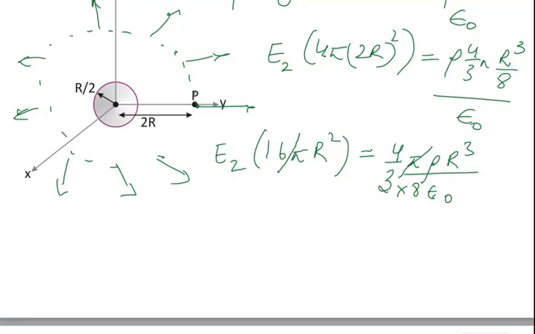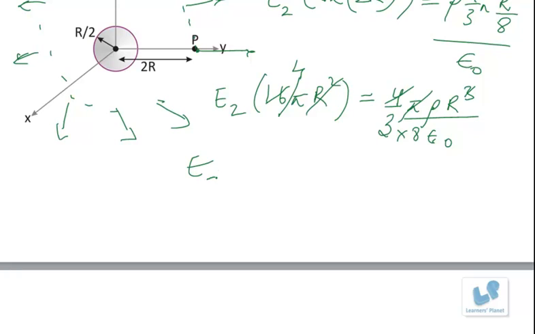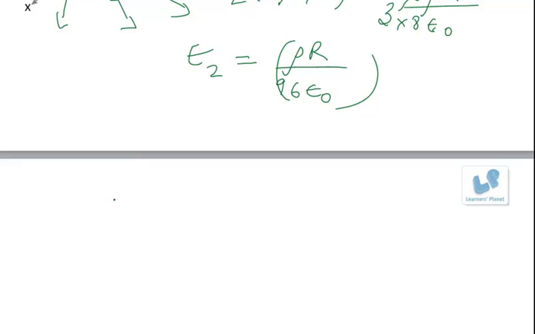Now pi will cancel out, and r cancels as well. So the value of E2 is rho r upon 4 into 8 is 32, 32 into 3 is 96 epsilon naught.